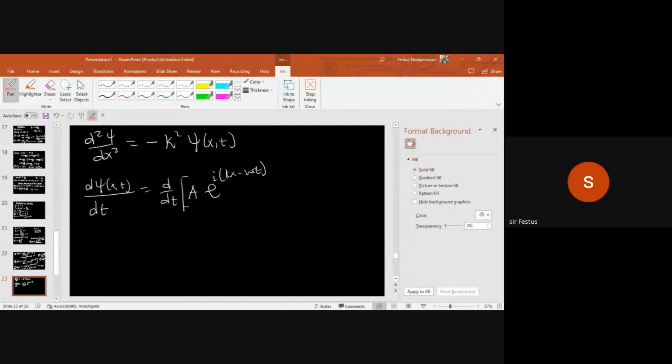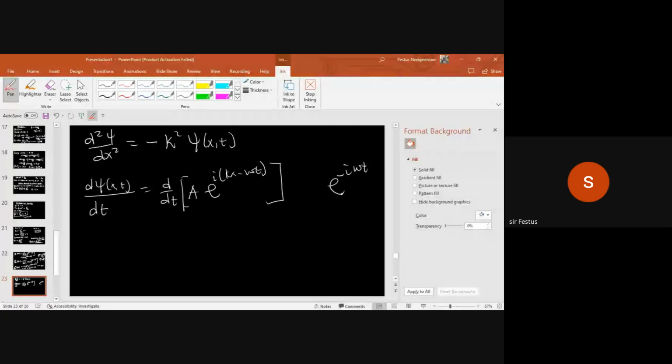So similarly, my x part will go to 0. This time around, I'm looking at the t part. So whatever is here will be left with e to the power minus I omega t.